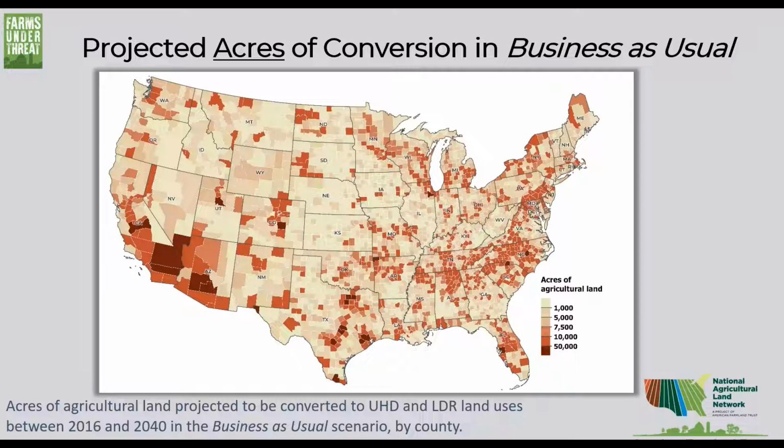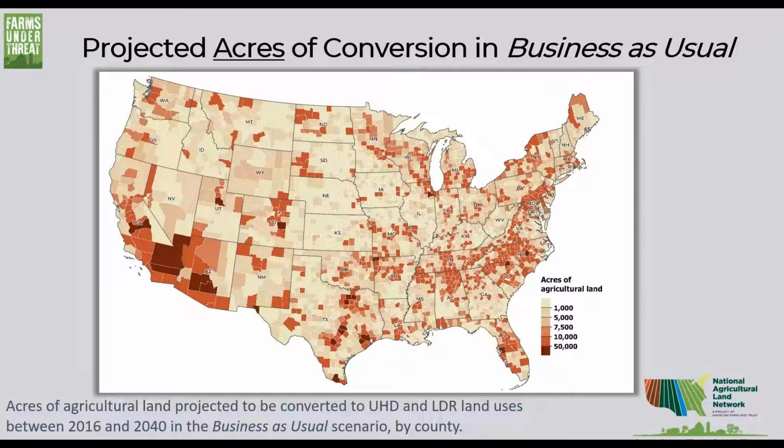We'll look more closely at this when we get to the website, but there are two counties that make the list of counties in the US at risk of losing the most acres of agricultural land. One is El Paso County with projected ag land conversion of 54,500 acres. The other, with a much smaller agricultural land base, is Douglas County with projected conversion of 45,100 acres.